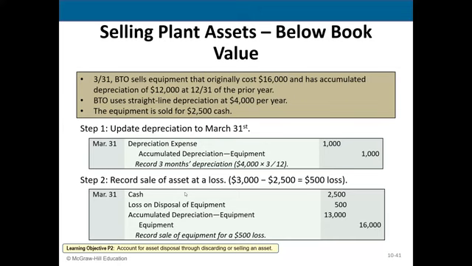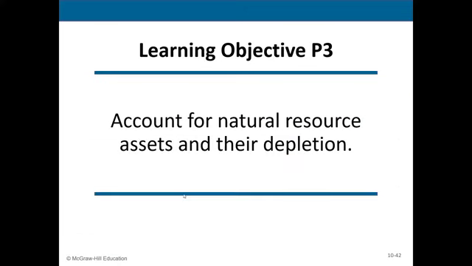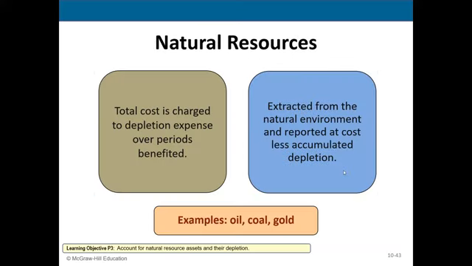Another thing that companies sometimes have to account for, depending on the type of business that you're in, are natural resources. Natural resources, these are the things that come from the earth. They're naturally here. Oil, coal, gold, cobalt, whatever.